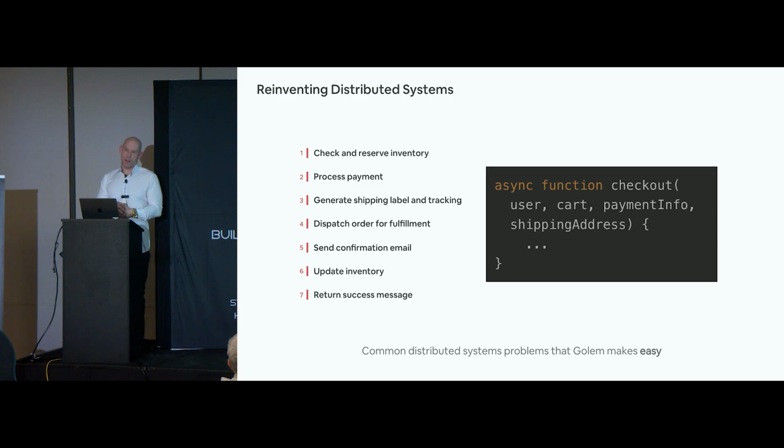Your code's not going to work, right? Because sometimes it's going to check and reserve inventory, going to process the payment, and then that Lambda's going to die. The node will go down, or it'll reach a timeout limit, and Amazon will shut it down. Something will happen, and your system, your distributed system, will be in an inconsistent state. You've charged the user for something that's never going to arrive at their front door.